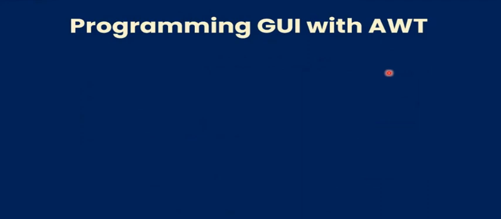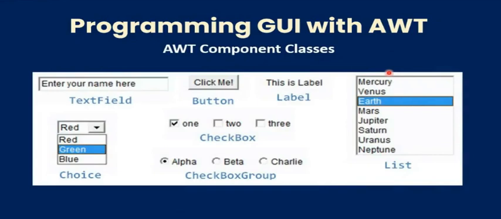So AWT provides many ready-made and reusable GUI components in a package. Java AWT that frequently used are button, text field, label, checkbox, checkbox group, katong gitawag ganiha is radio buttons, list, and choice, as illustrated below. So naa na, text field, button, label, list.